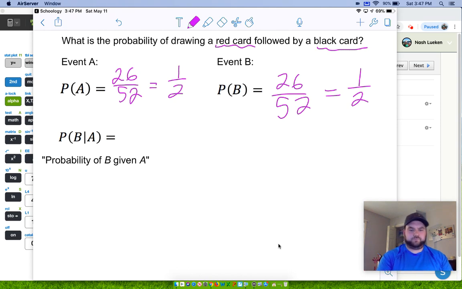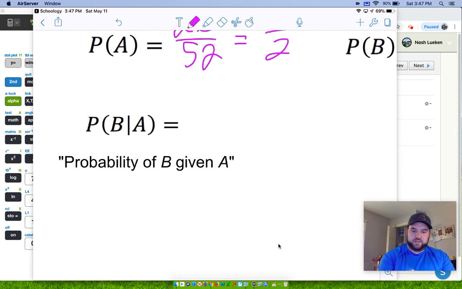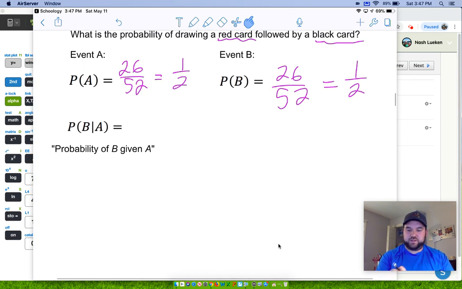Okay. So in mathematics, we use this vertical bar to talk about given events. So this reads the probability of B given A. And when we say given A, it's basically saying what's the probability of event B happening, knowing that event A has occurred. So if we think about this, what is the probability of drawing a black card given that we have already drawn a red card?